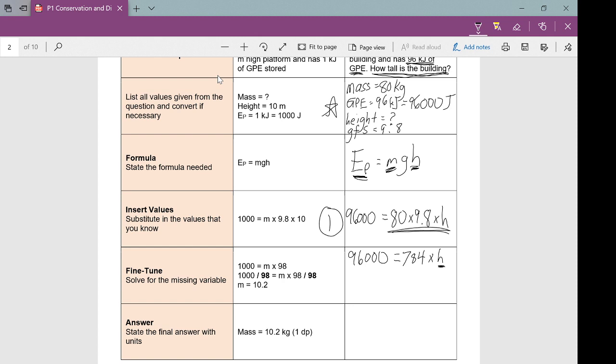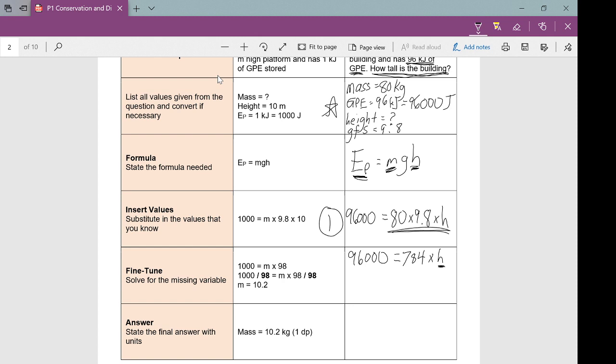You have to rearrange by doing the opposite. So because I want h on its own, I have to get rid of that 784 that's just by there. And that 784 is timesed on. So what do I have to do in order to get rid of it?